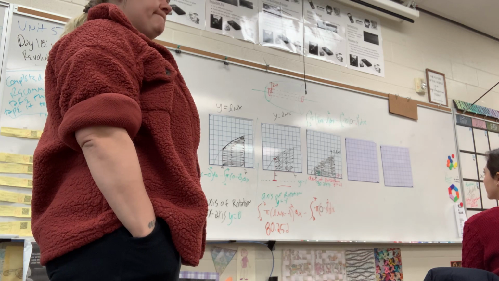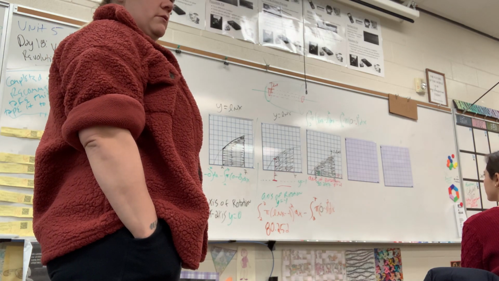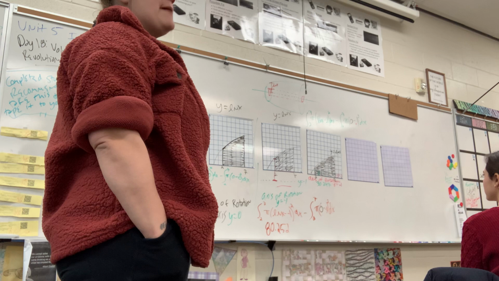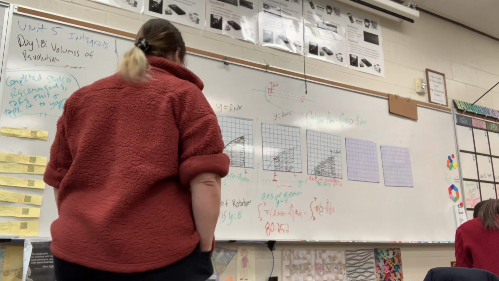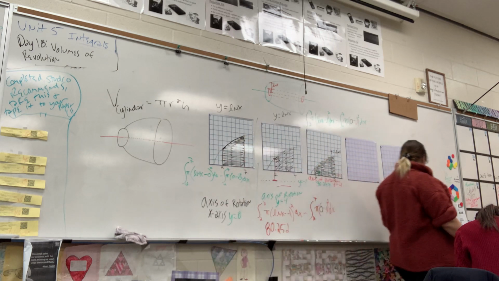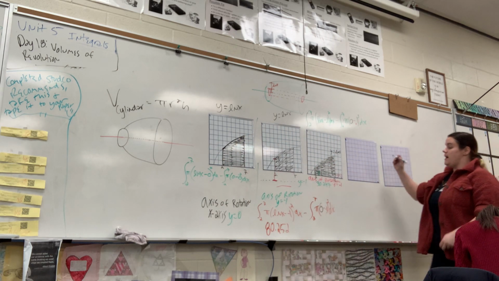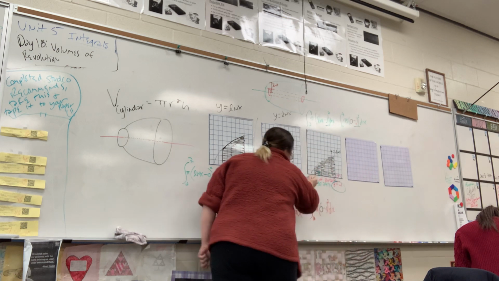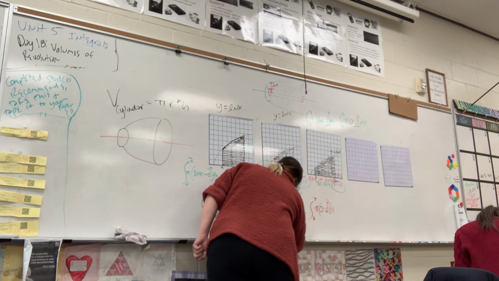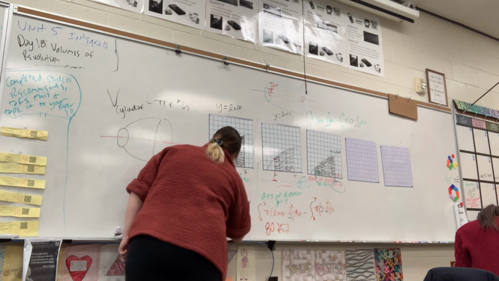Nope. The y value? What y value? Or the rotation. There it is. I'm trying to get you to visualize the axis of rotation in the formula, exactly as it is in the formula.